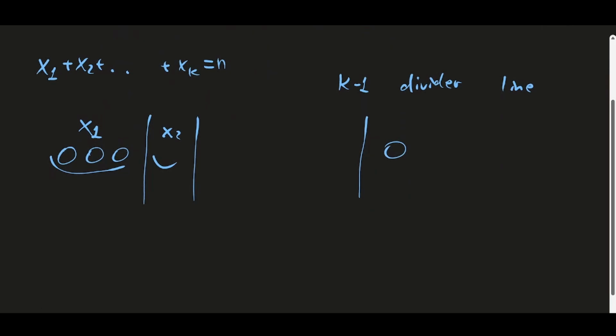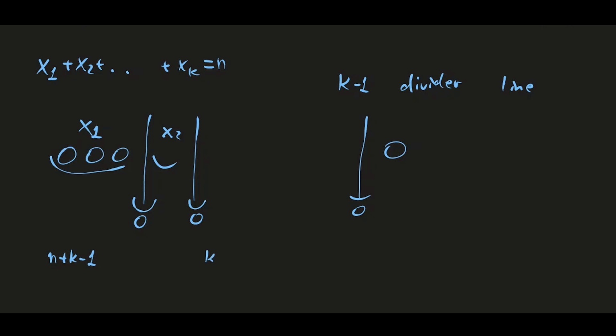To compute this value, we can convert these divider lines into balls once again, and imagine that we are given in total n plus k minus 1 balls. Out of these n plus k minus 1 balls, we just need to choose k minus 1 balls, which will be converted into the divider lines.